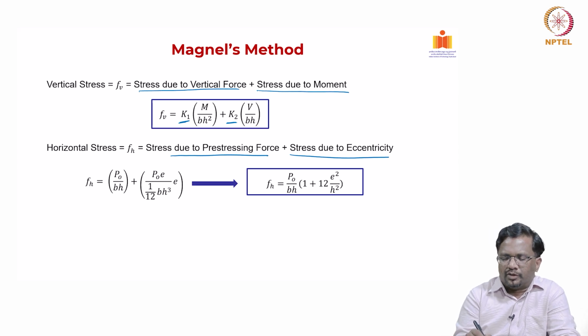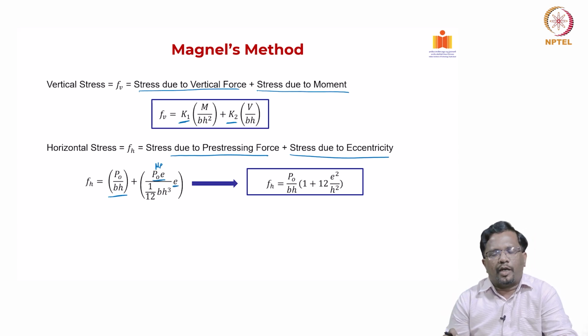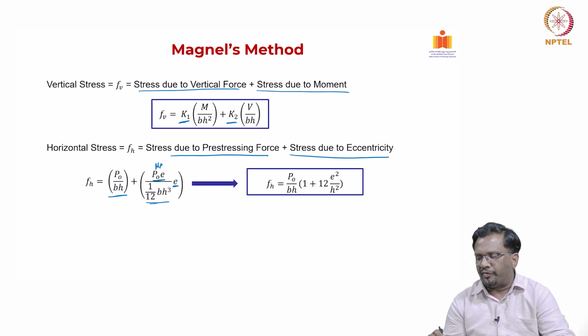The horizontal concentric component is going to be P naught by b h, and the eccentricity of the pre-stressing creates a moment M P, which is P naught into E, and we are calculating the stress at the location of your cable. This is your I and this is your Y. So, you can get your FH.